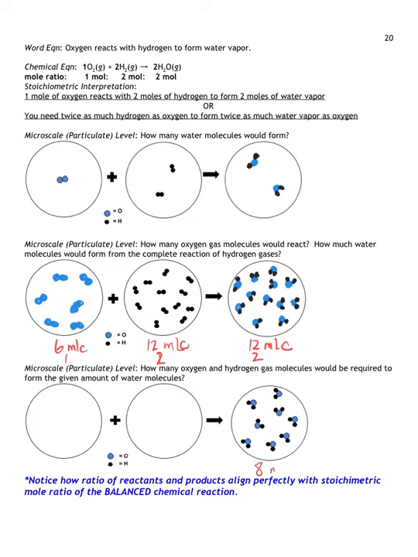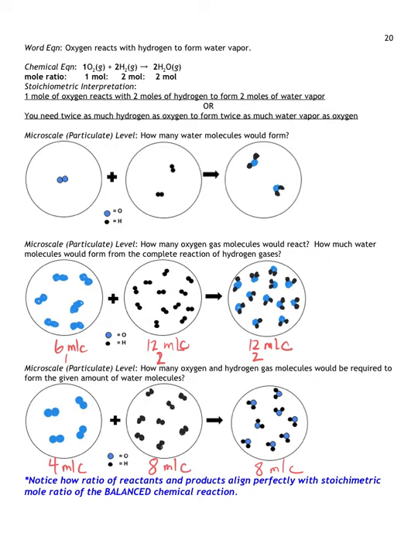I'm going to write that down, 8 water molecules. And you've got to fit that ratio, so think about how many molecules you would draw. Pause the video and go ahead and draw the oxygen molecules as well as the hydrogen molecules. When you unpause, you'll see the answer.